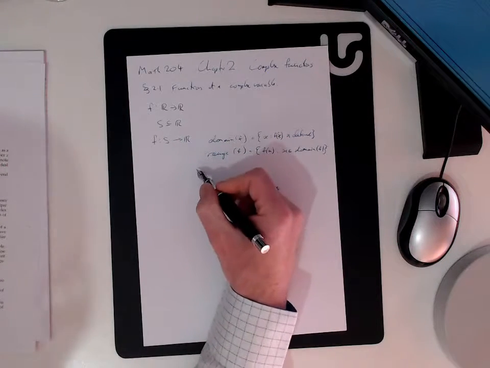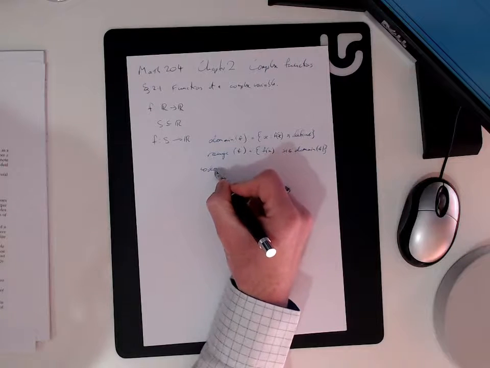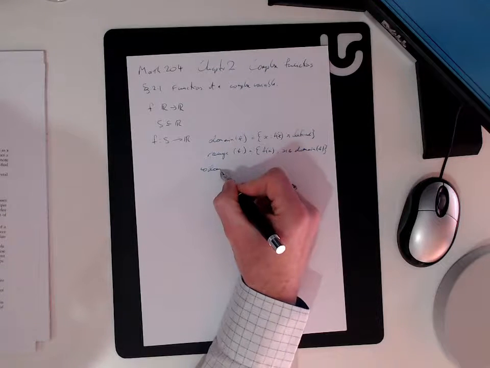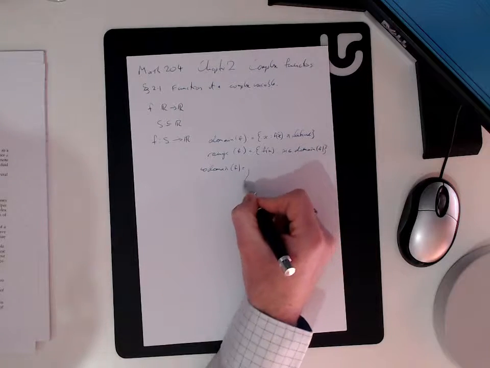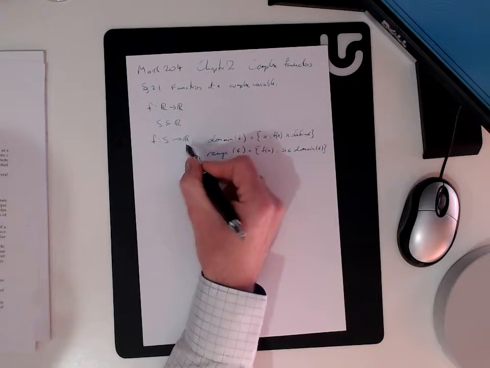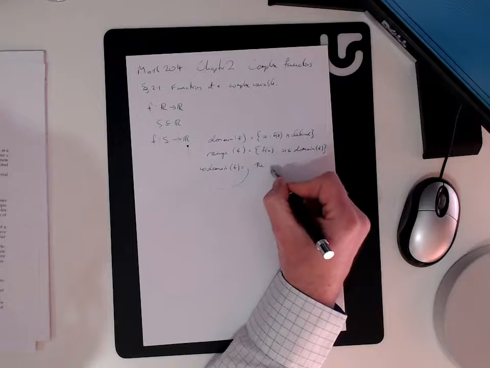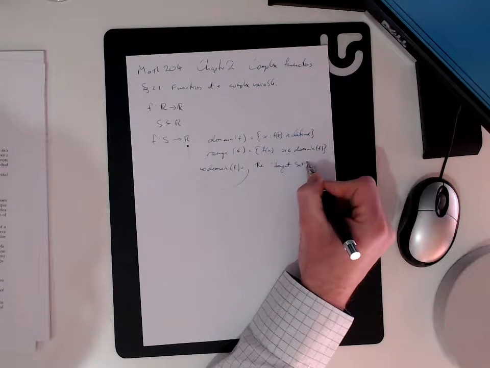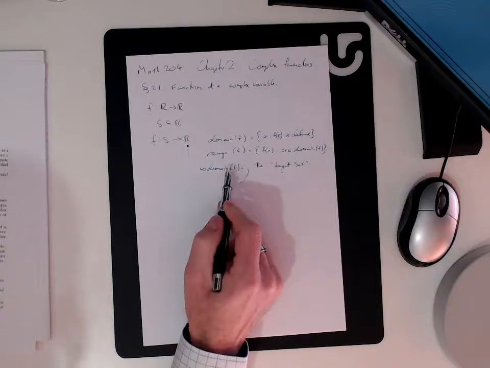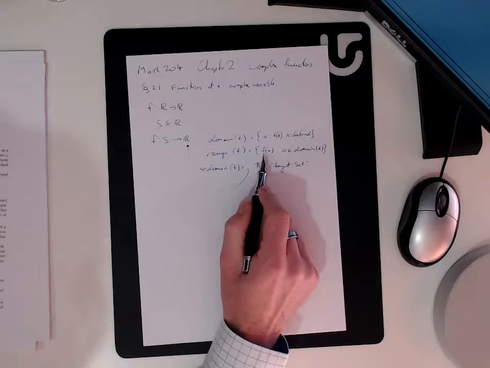and in class with Glenn you may have heard about the codomain of the function, which some people call the target set. What's the difference? Well, the range is everything that f of x can get to.